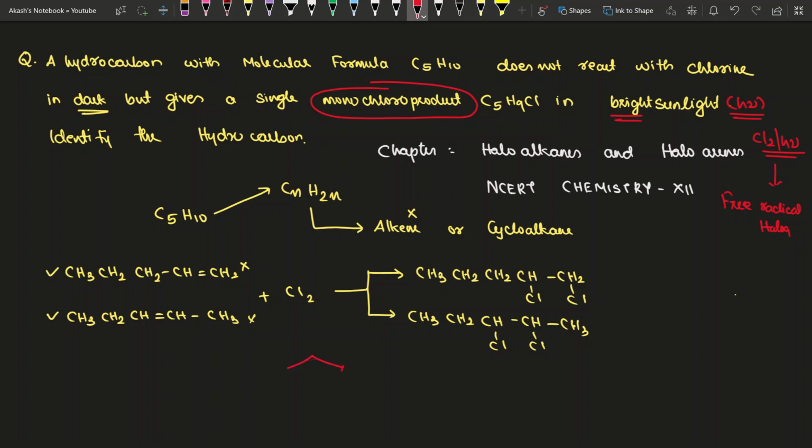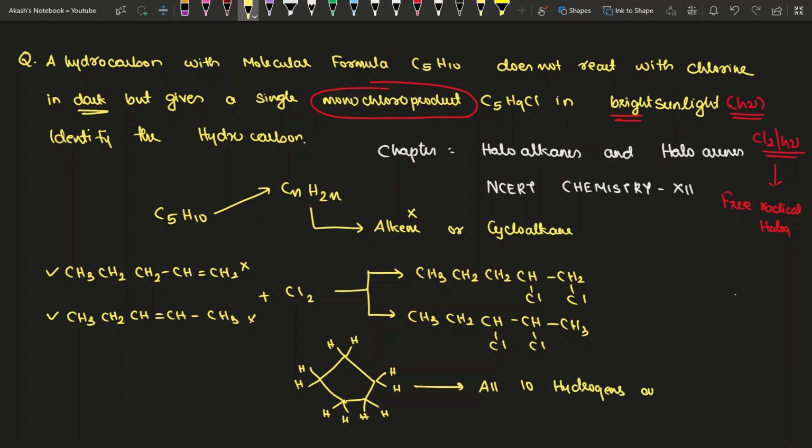For example, we can have cyclopentane. In each carbon atom we have 2 hydrogens. When you look at the structure of cyclopentane, we can understand that all 10 hydrogens are equivalent.